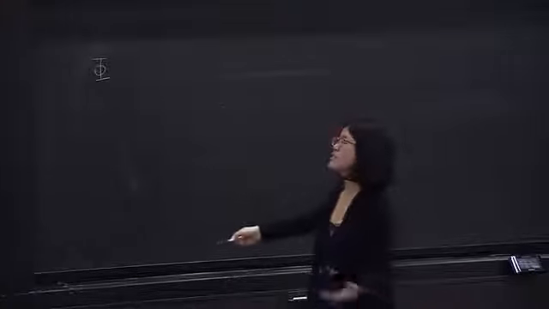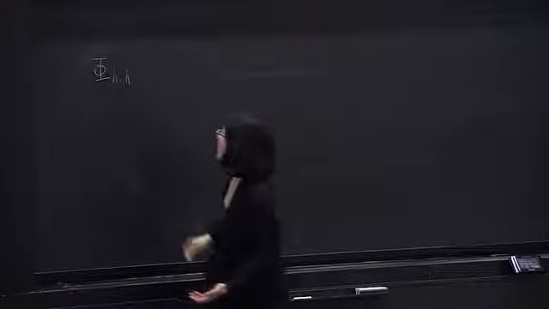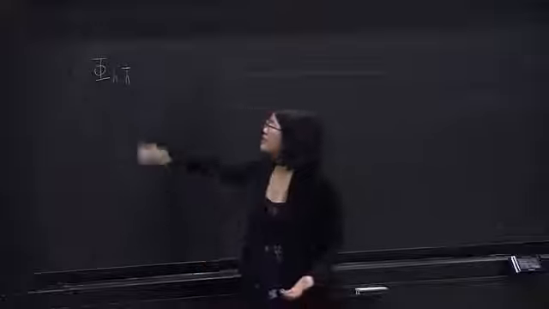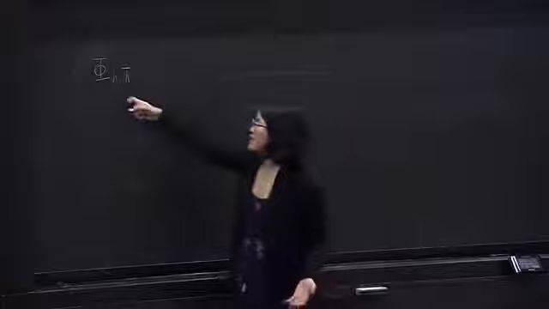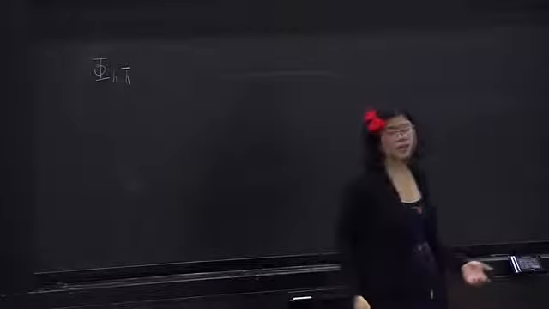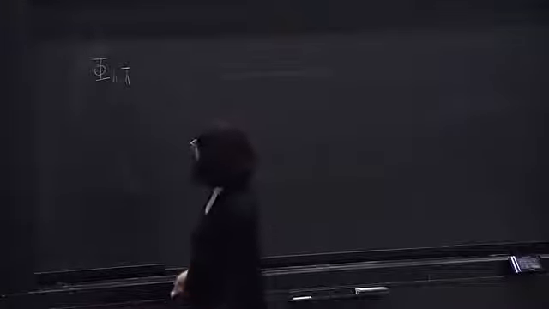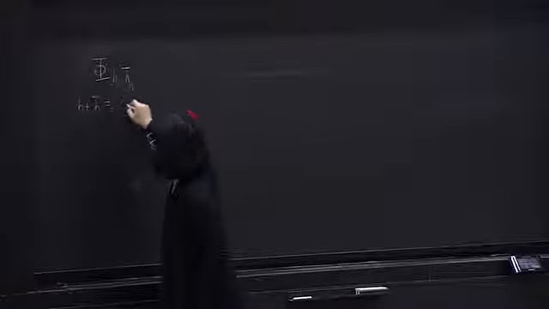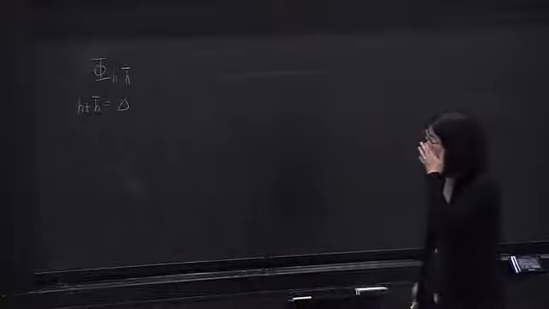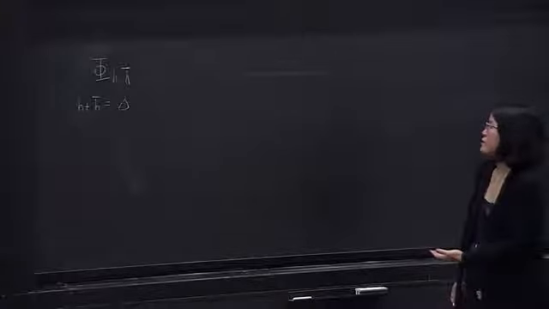So instead of using delta, which is the dimension of the operator, we use h and h bar to say that this is the eigenvalue under L0, and this is the eigenvalue under L0 bar. Since L0 and L0 bar, the sum gives you dilatation, h plus h bar will give you the delta you are familiar with. But from now on, we're going to characterize our field with two numbers.